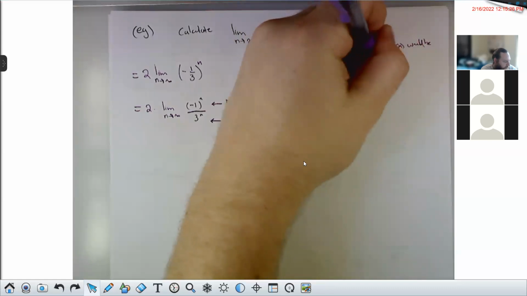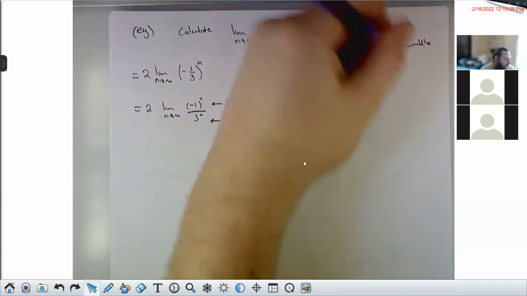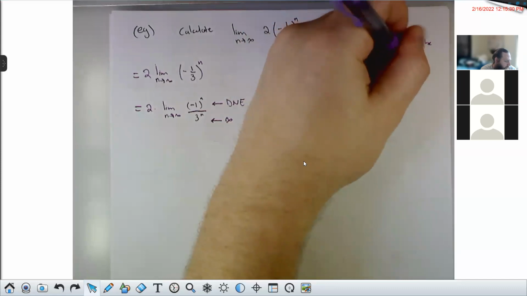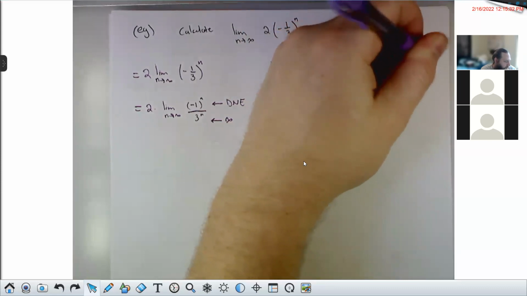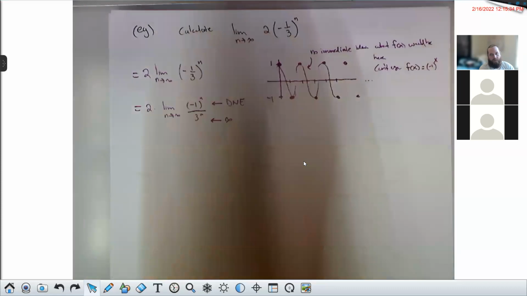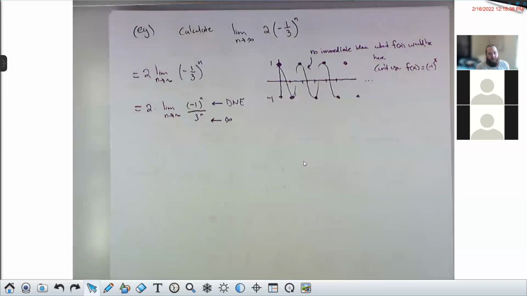Can't use (-1)^x. This is not a well-behaved function at all. So it's not as simple as just replacing the n with an x here. Because this thing, good luck.